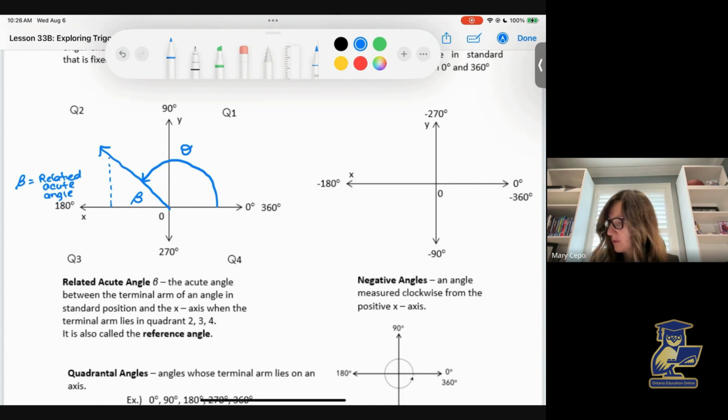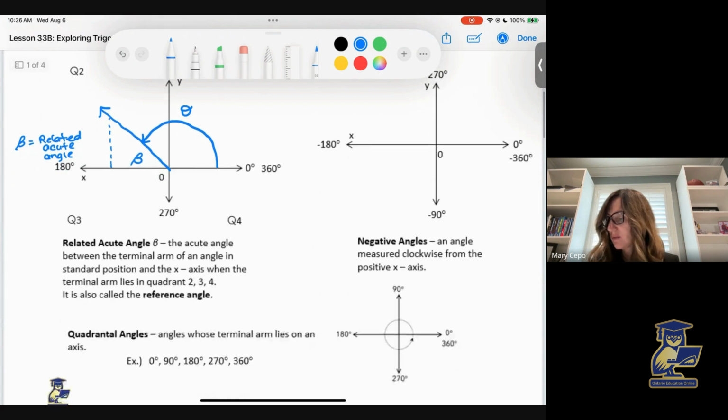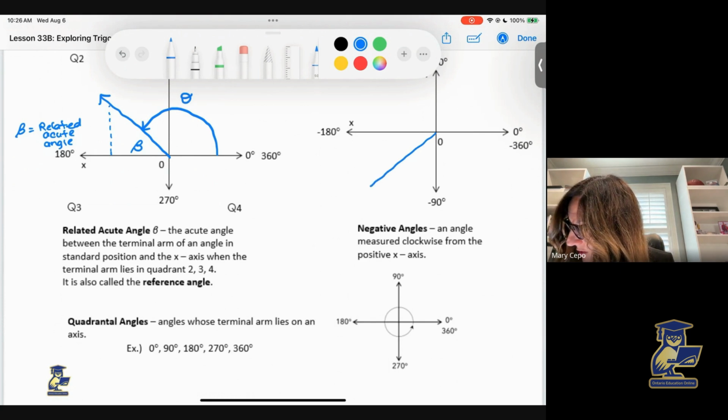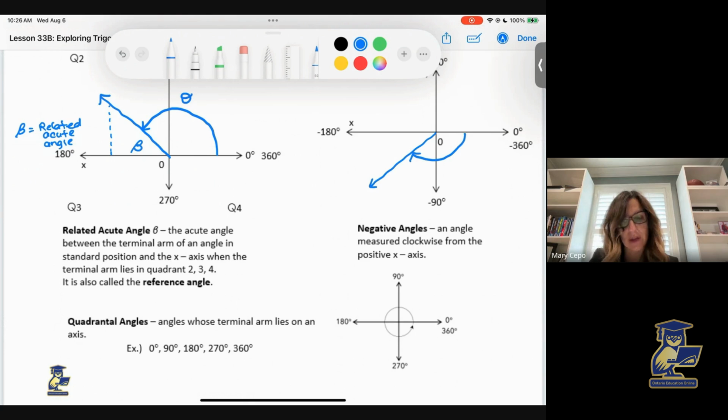So negative angles, we also want to know what that means. That means we are going to go clockwise. A negative angle is an angle measured clockwise from the positive x-axis. So to draw that, let's draw one where the terminal arm is in the third quadrant. If we had a negative angle, it would come this way, always from the initial arm, and then we move that over. Now we're going clockwise.